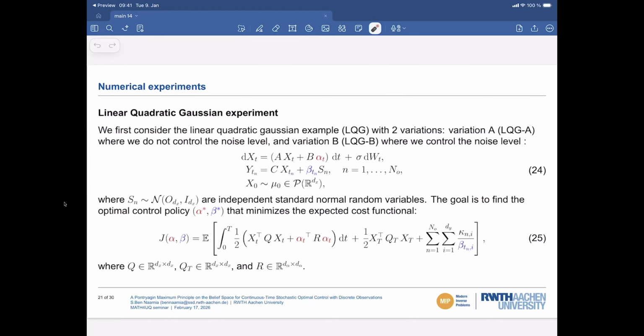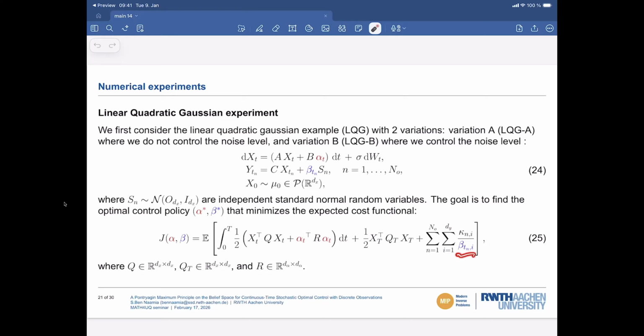This is the first variation. And we do this because we can compare it with the actual solution of the problem. A second variation, which we call variation B, is a case where we can control the level of noise, and we will assign a discrete cost for it.